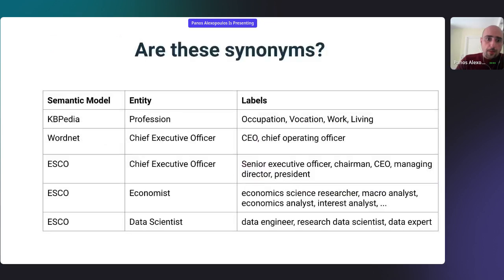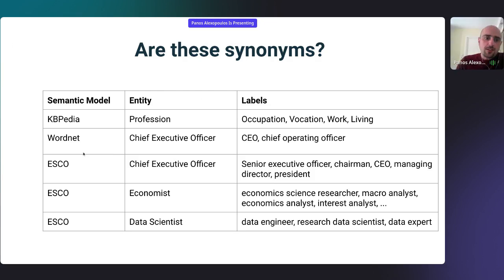So the question now is, if we take some existing models and we do a very basic check of some of their entities and labels, we can see already that the labels are not necessarily synonymous to each other.